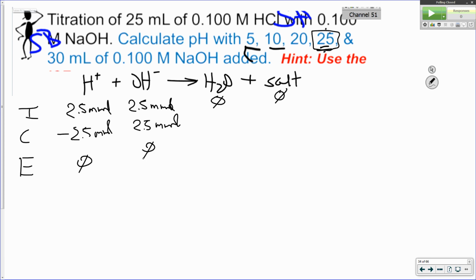There's none of the H plus left. It's been completely consumed by the OH minus. So what I'm left with is just the product. And the products are water and this neutral salt, NaCl.